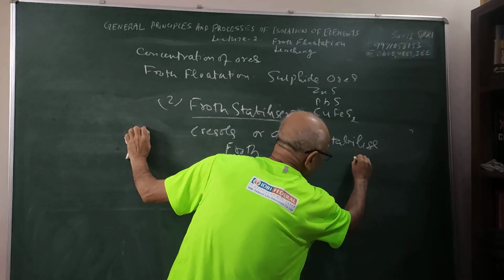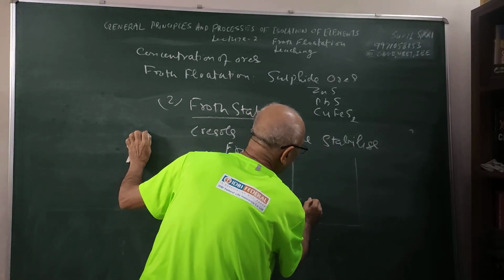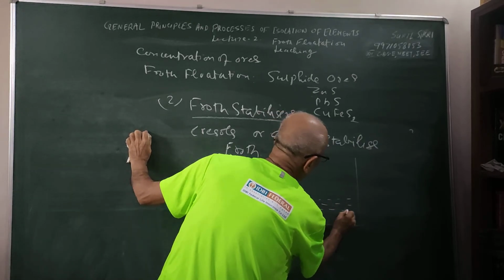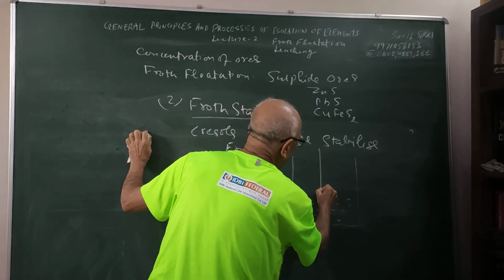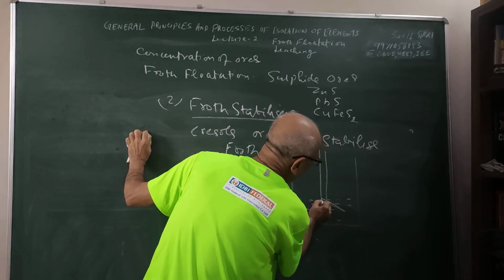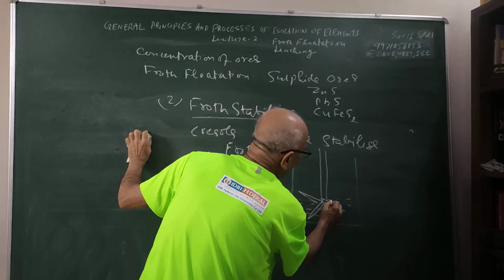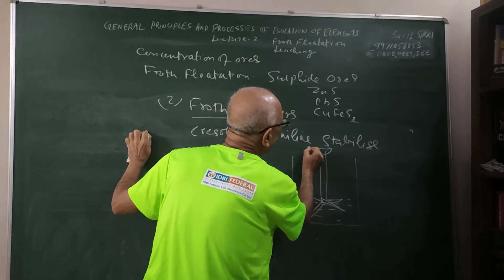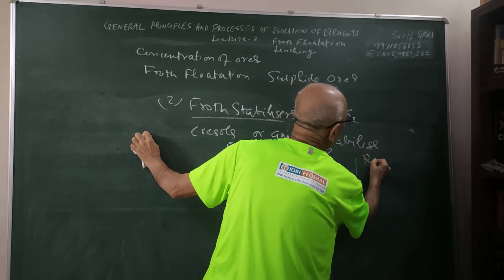Let us see. Here is my powdered ore in the water. Here I have something like this. This is a paddle, a rotating paddle.